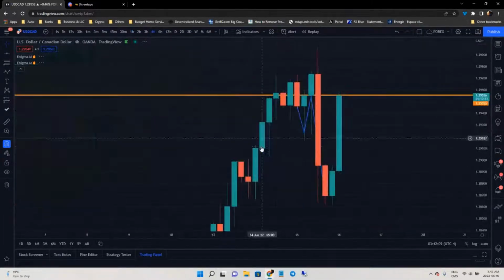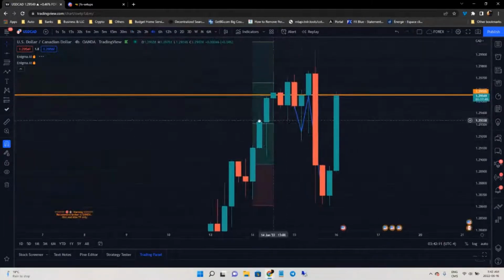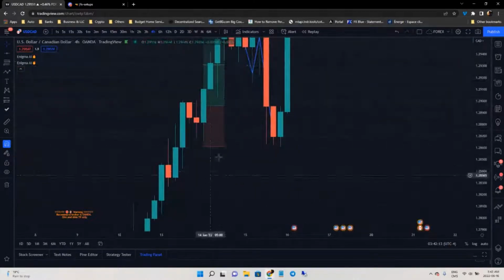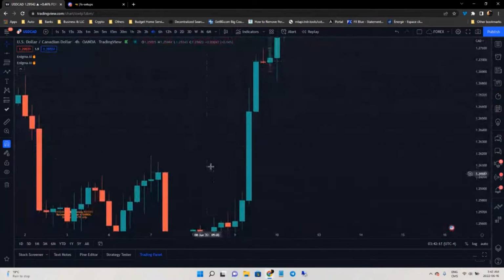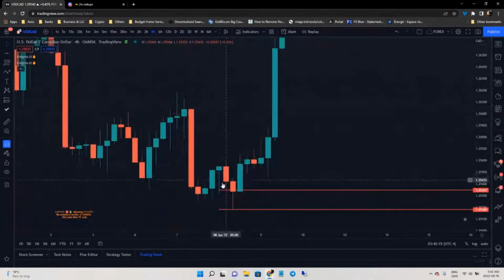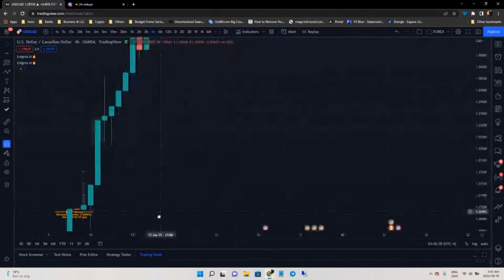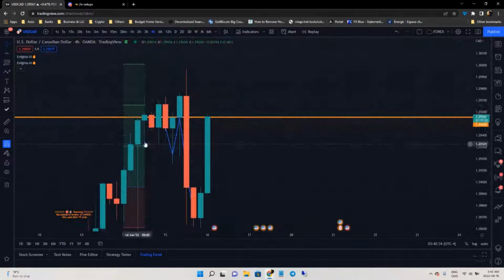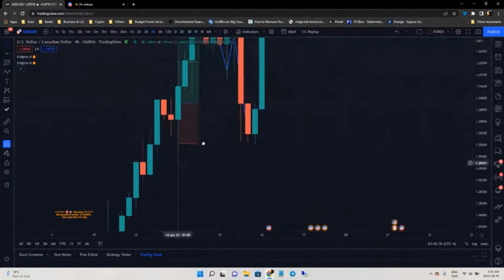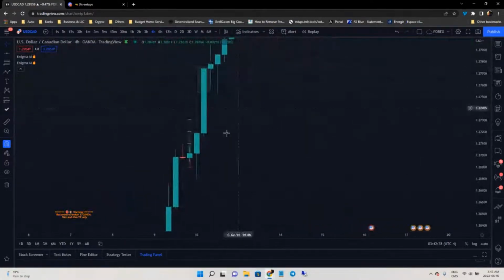If you go on the 4-hour chart, you would see that we were at the end of a long bullish move that started at the beginning of the month. I think it was on the 8th here. So from the 8th until today, the price for USD CAD went back up.